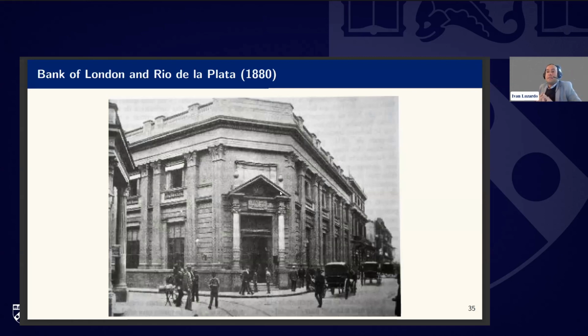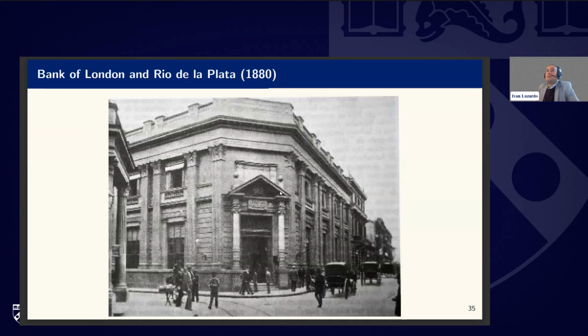So there was also a demand for this kind of institution at a local level. So we will see here also the rise of the domestic financial sector for many countries.